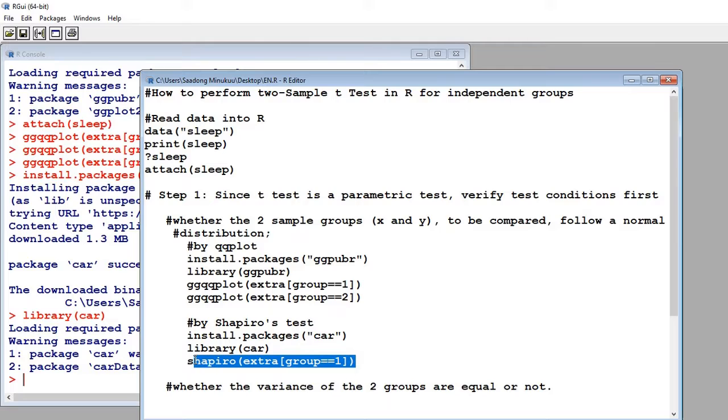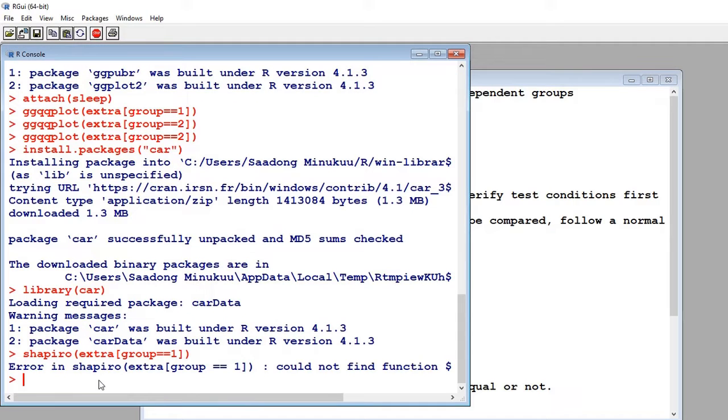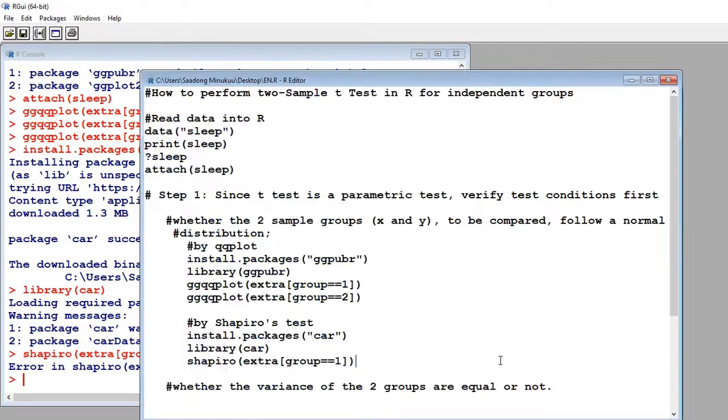Let's see what it will give us. It's saying, error in Shapiro, could not find the function. Is it that I haven't spelled Shapiro correctly?